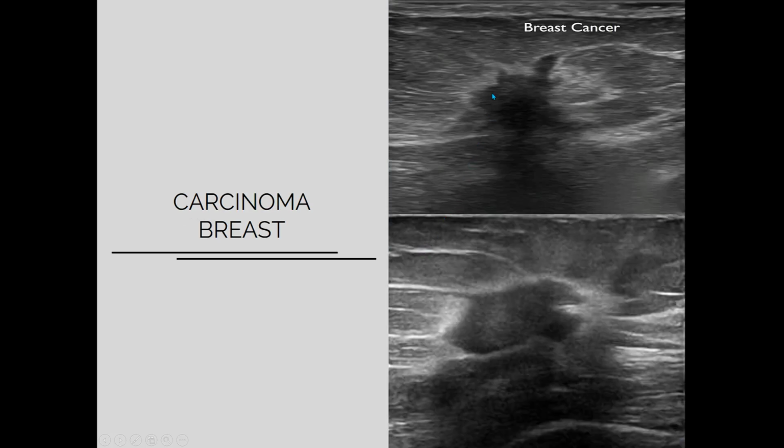In this one you can actually see it is very angulated. This is not well circumscribed, this is not rounded, this is not oval, margins are quite indistinct. You may not be able to tell that they are distinct, but you can see slight spiculation here. Spiculation means it has infiltrated. You can see, this is quite different from the previous slides.